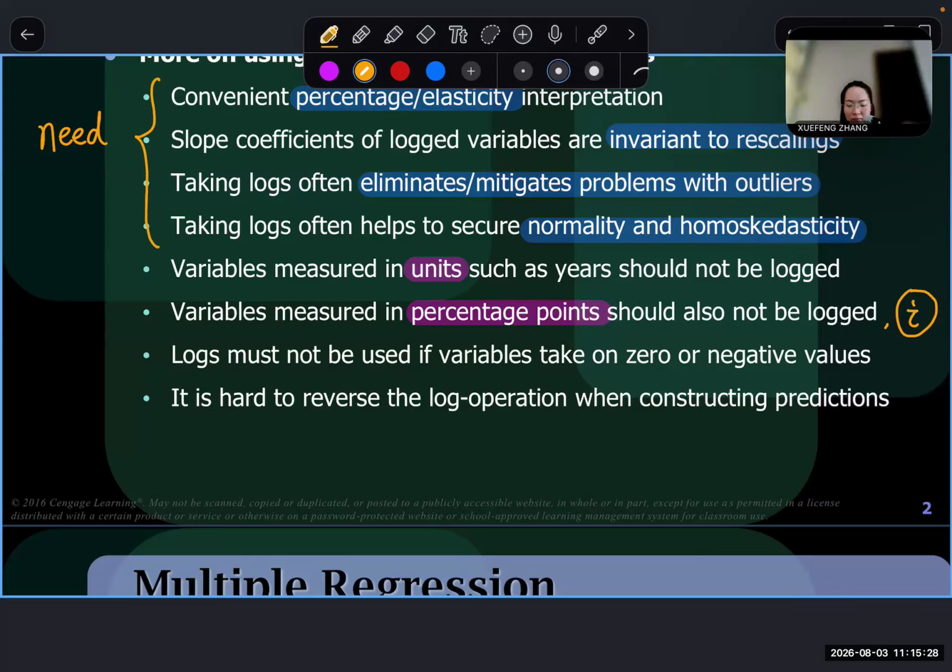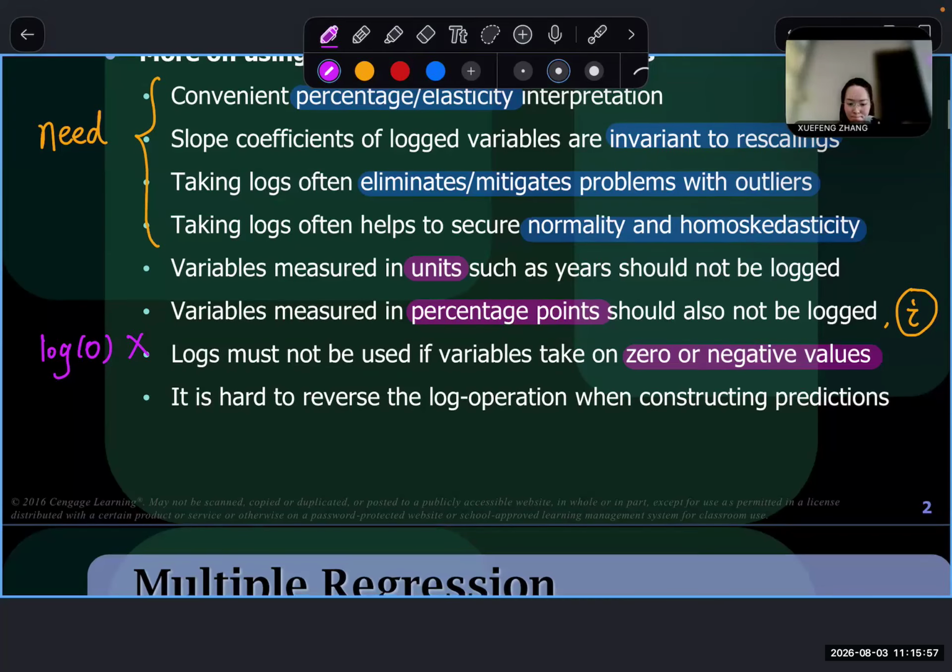Next one, logs don't work on zero or negative numbers. You cannot take log of 0. So if a variable can be 0, like hours worked for someone unemployed, you cannot just log it.